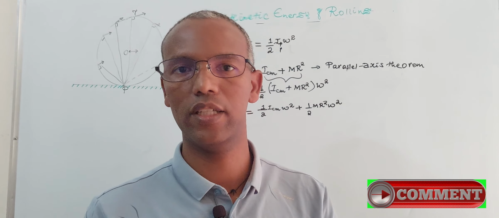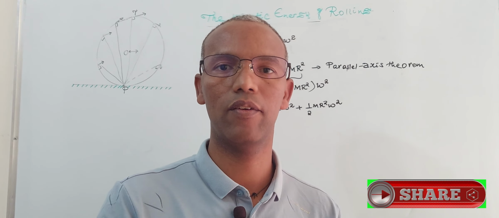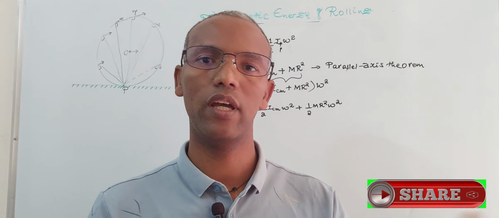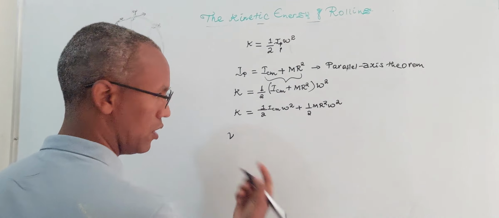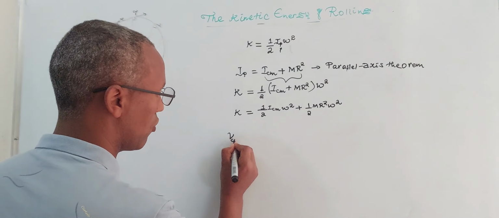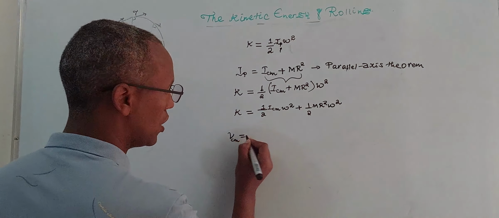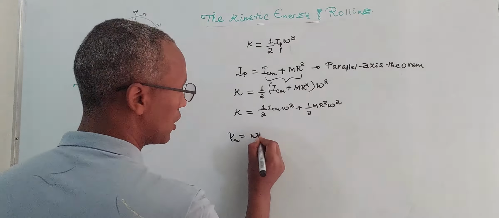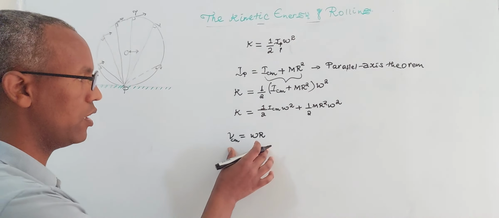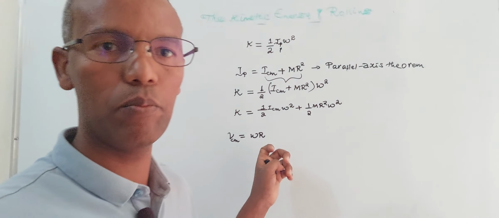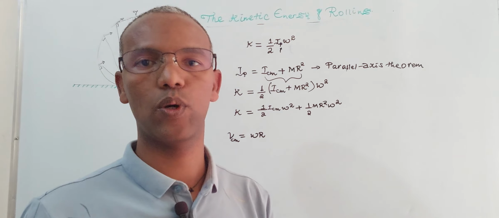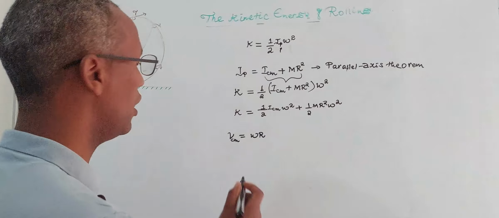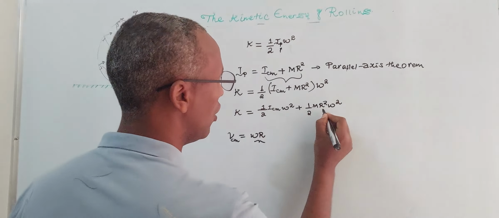As you know, from the relationship between linear velocity and angular velocity, v of the center of mass is equal to angular velocity multiplied with r. That is from the relationship between the linear speed and the angular speed. Now you can plug this term over here.